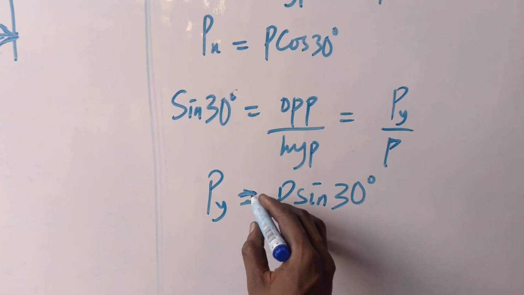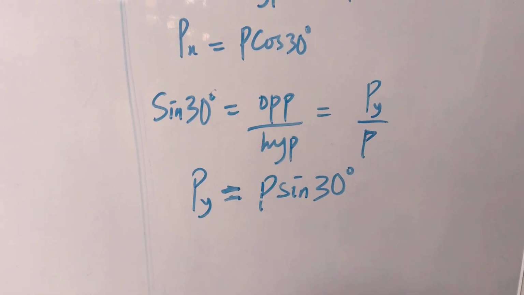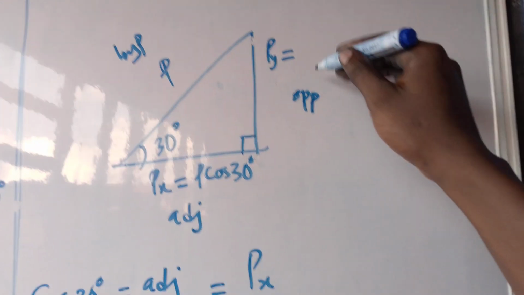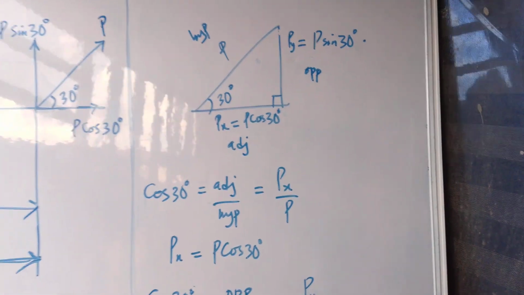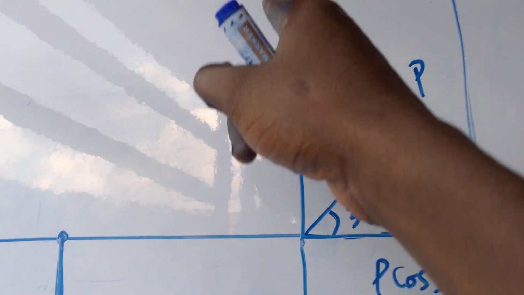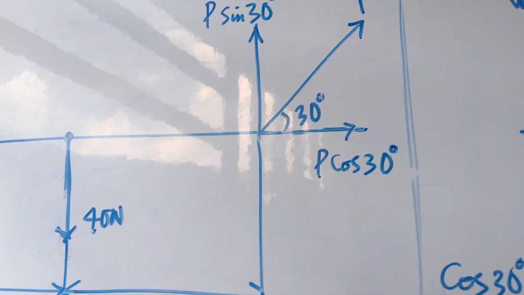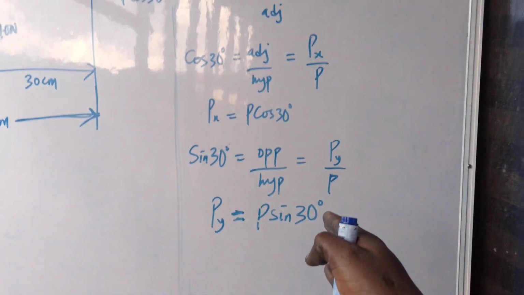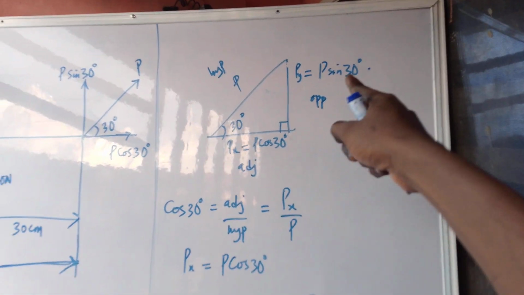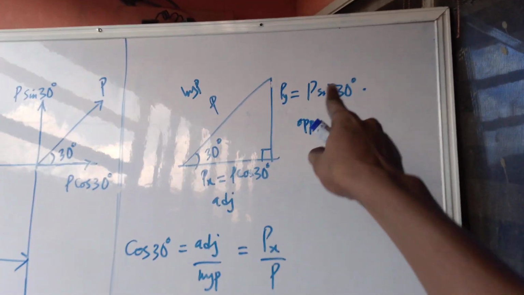So I've gotten Py as P sine 30 degrees, and the horizontal component as P cos 30 degrees. Just doing the simple resolution of forces, I got the horizontal and vertical components.